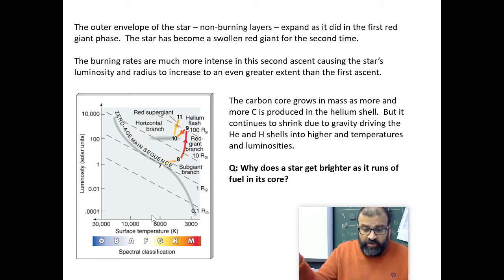So that outward pressure from the nuclear fusion going on in the shells causes the outer envelope, the outer part of the star, to expand and expand and expand. And as it expands, it cools, right? So we go up even higher, we get even larger, we become a red supergiant.